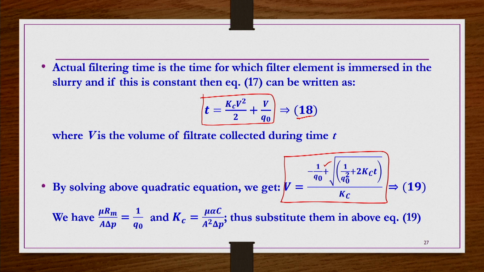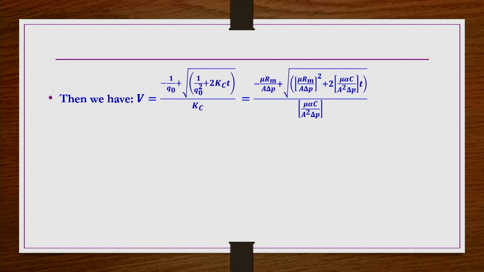So here we know what Kc is. Kc is nothing but mu alpha c by A square delta p, and 1 by Q naught we also know as mu Rm by A delta p. If you substitute them in equation number 19, then we have this equation.